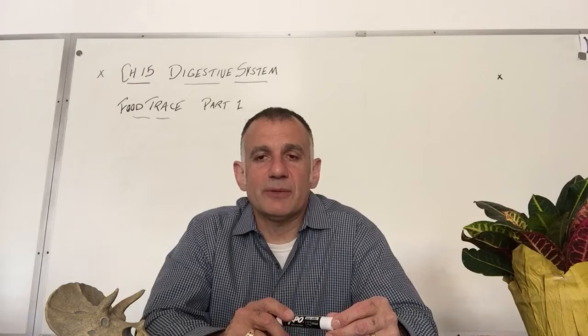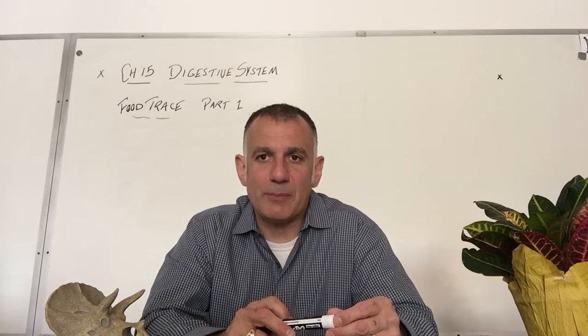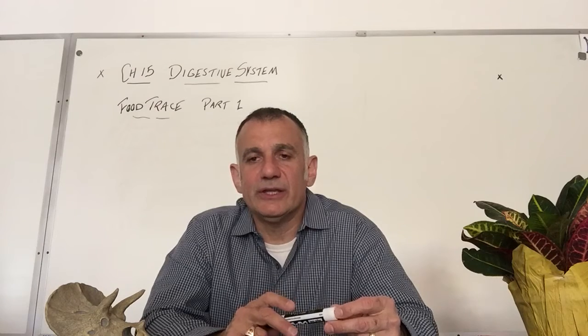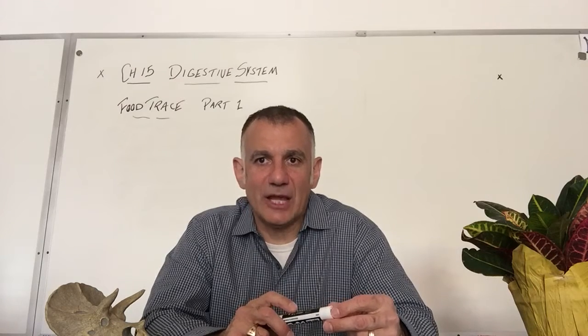Also released in the stomach is an enzyme called gastric lipase. Gastric lipase's job is to break down fats, LIP being lipids. ASE tells you it's an enzyme, so it's an enzyme that breaks down lipids in the stomach. That's what gastric means. Gastric refers to stomach.